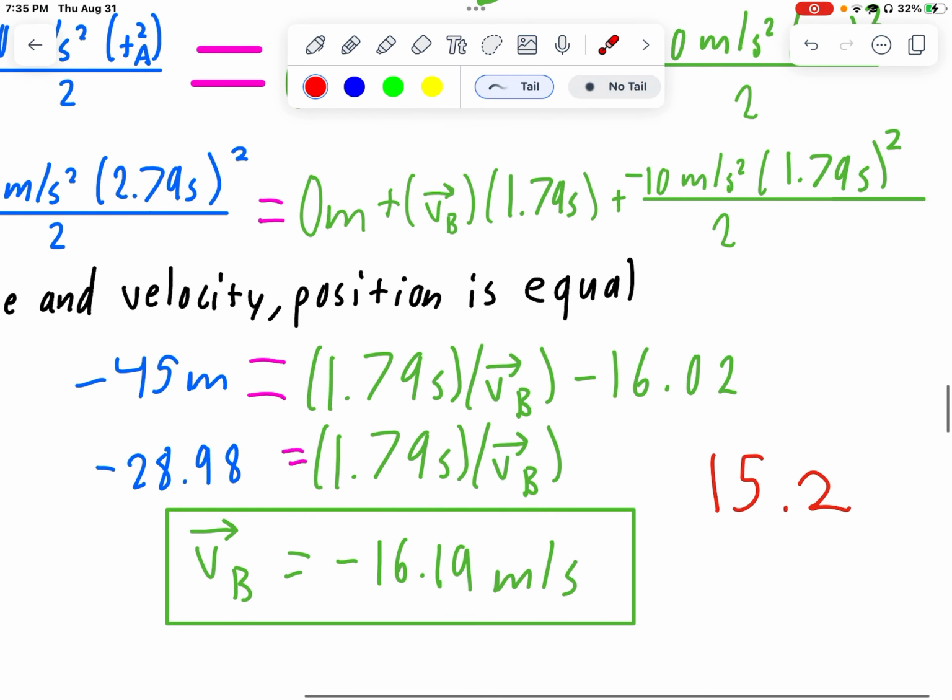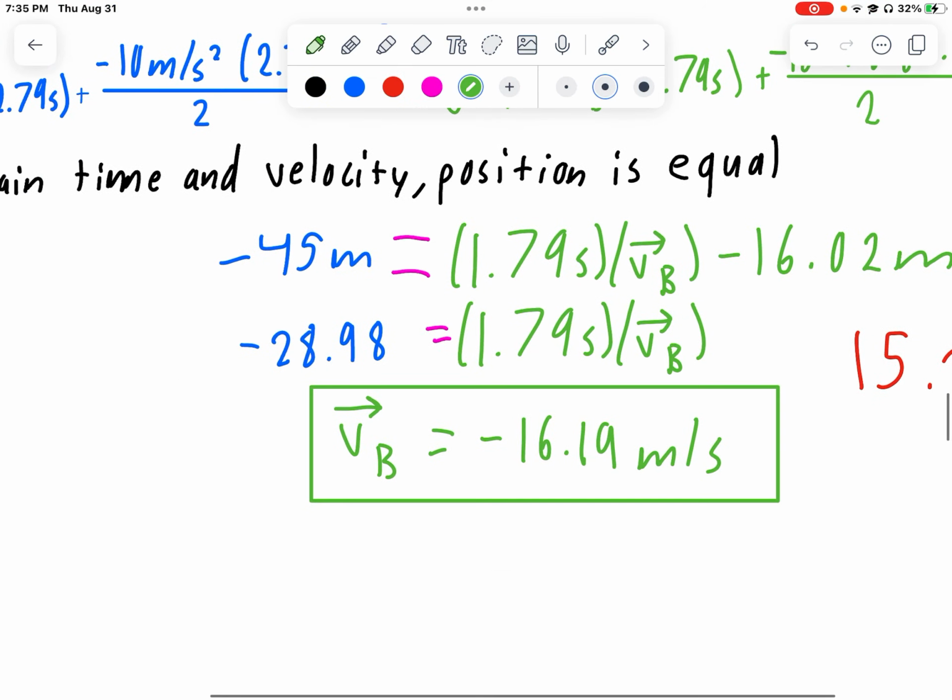And then for B, we simplify: negative 45 meters equals 1.79 s times the initial B velocity minus 16.02 m.